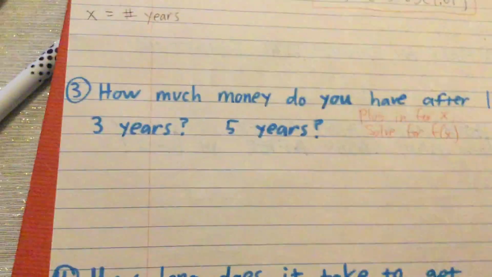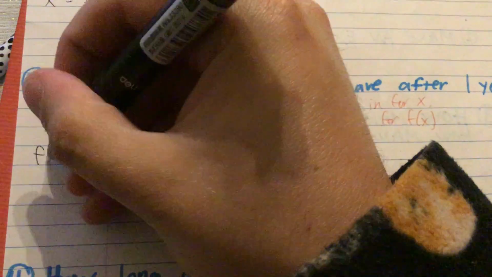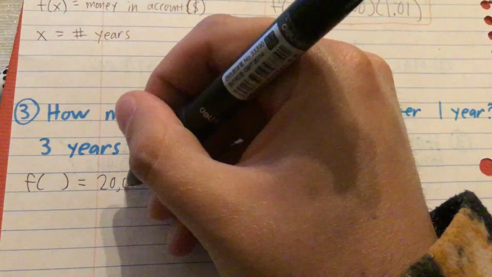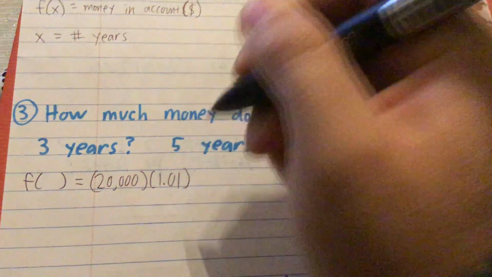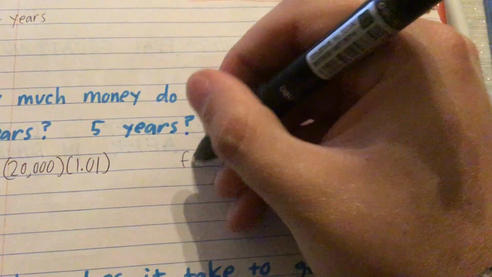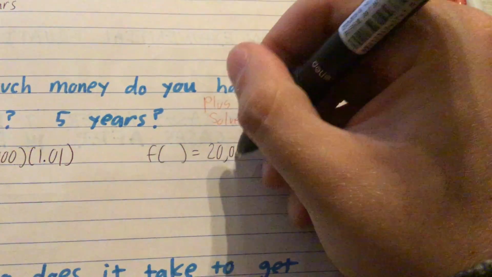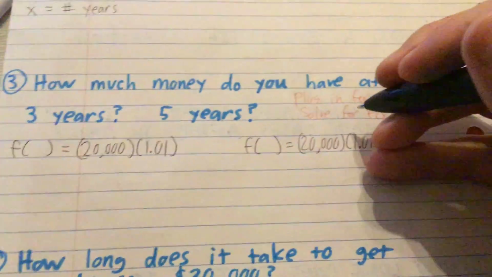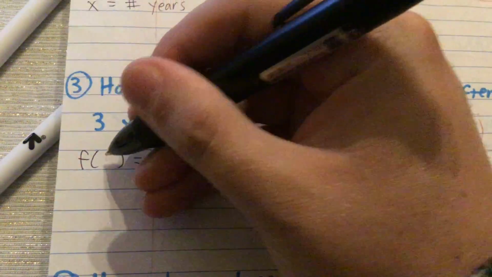So we could do this in 3 parts. First things first, f of 1 tells me that if I do 20,000 times 1.01 to the x power, I'm going to do these for all 3. So let's say I do f of 1.